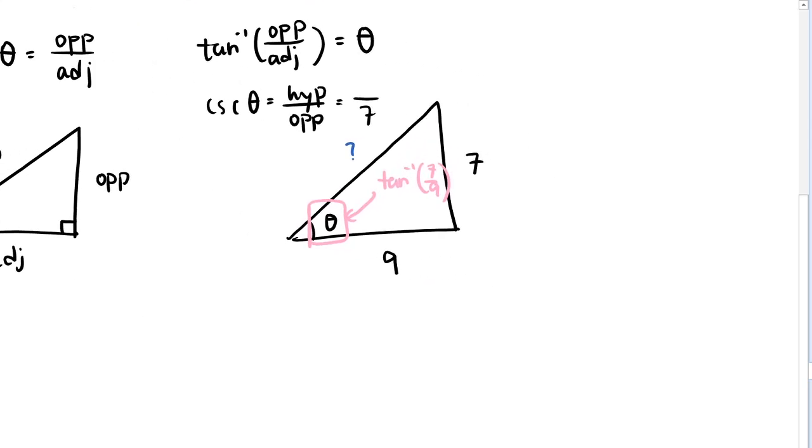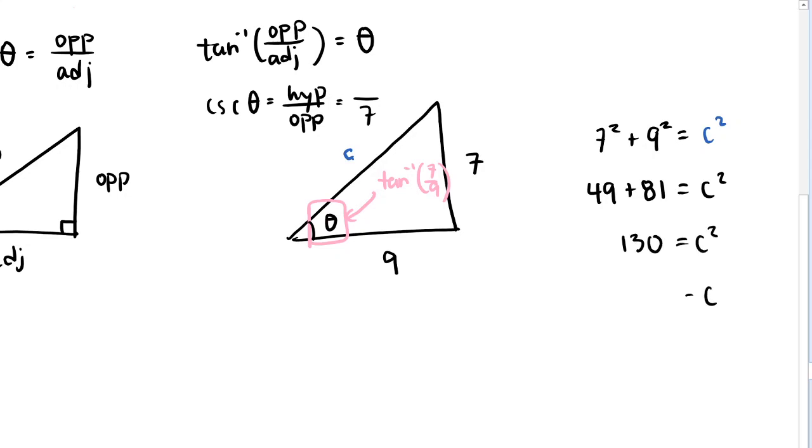Right, so if I label it, maybe instead of a question mark, let's say I label it C. So we've got that 7 squared plus 9 squared should be C squared by the Pythagorean theorem. So we get 49 plus 81 is equal to C squared, which is 130 is equal to C squared. And C comes out to be plus or minus the square root of 130. So here, I can safely say this is square root of 130.